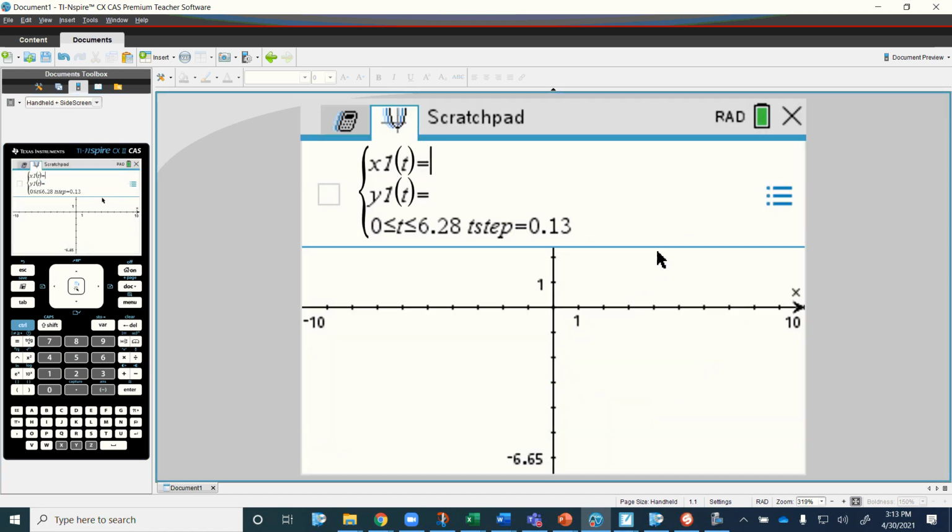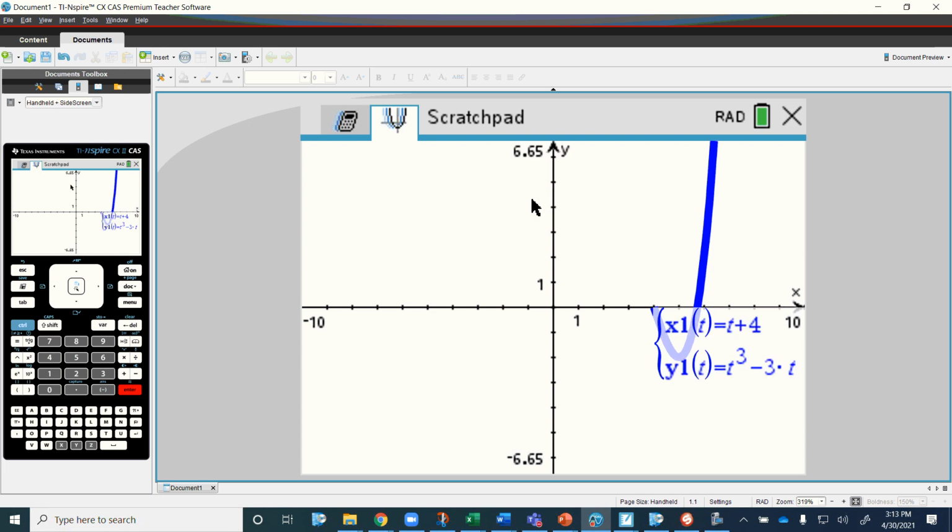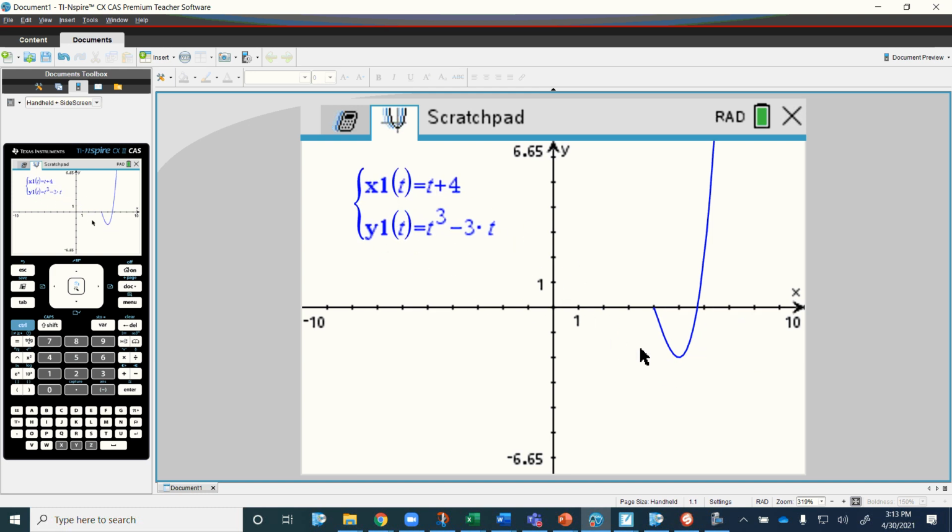We had t plus 4 for the x equation. We have t to the third power minus 3t for the y equation.